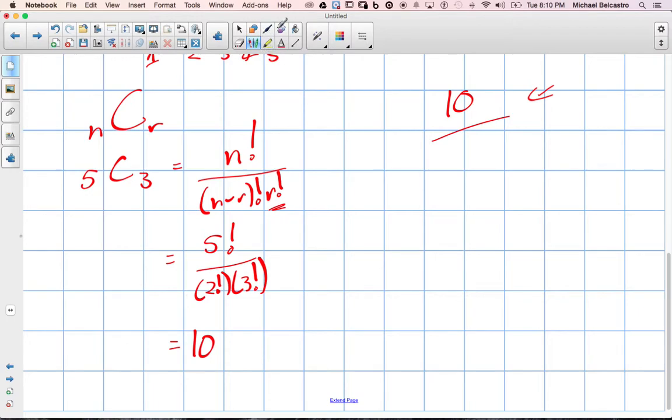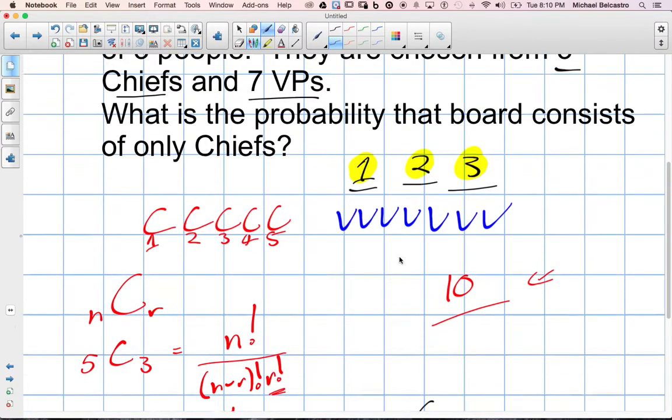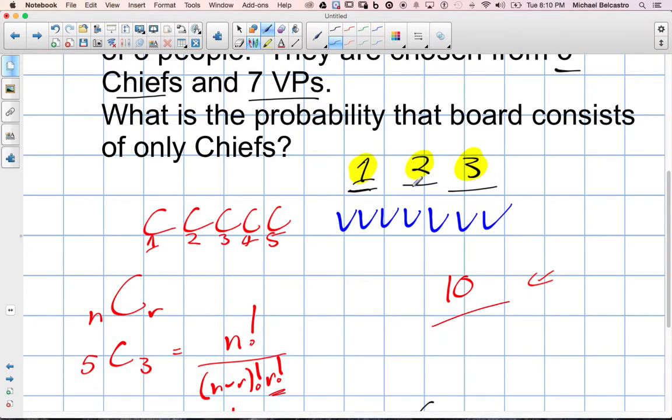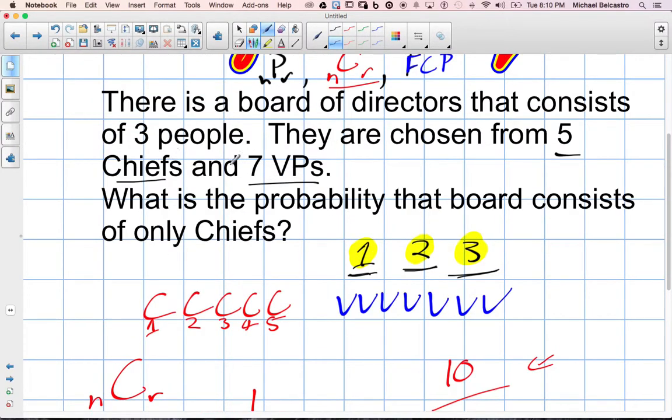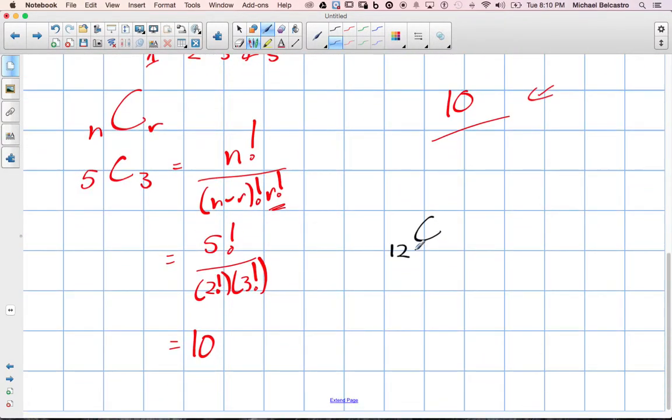Again, it's a combination because the order doesn't matter, but this combination is out of 12. How many people are we choosing out of this 12? Do you remember how many board of director positions there were? We chose 3. So the question is, how many different ways can we choose 3 guys out of a total of 12?